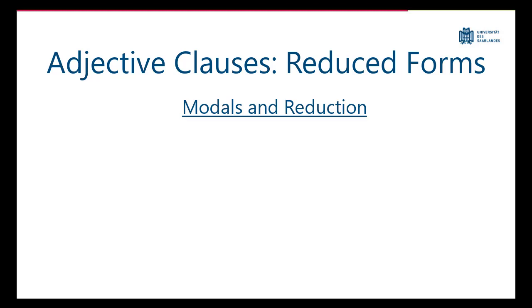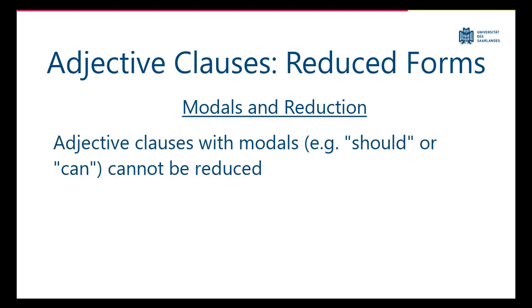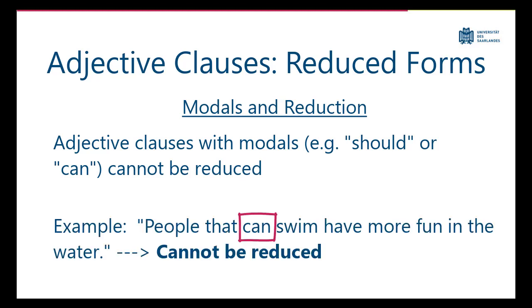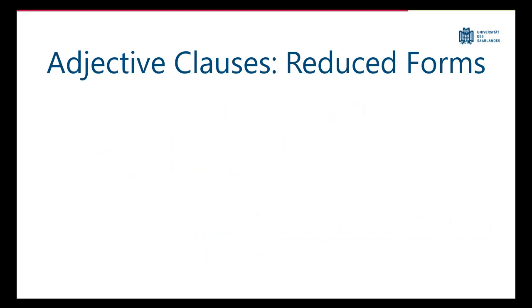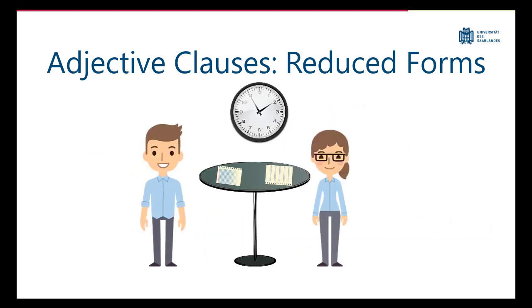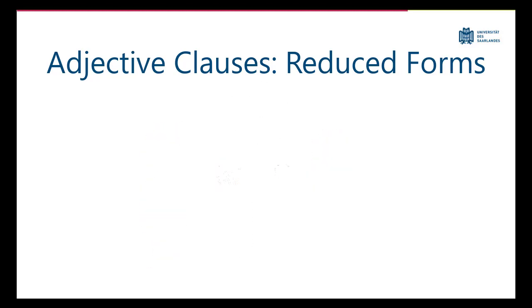"If an adjective clause has a modal, like should or can in it, it can't be reduced. So we couldn't reduce something like, people that can swim have more fun in the water." "Got it," Linda remarks. The clock tells her and John that the tutoring session is over. Linda thanks John and hurries back to her dorm to put these forms into action, so we'll leave her to it. Before we go, though, let's recap.